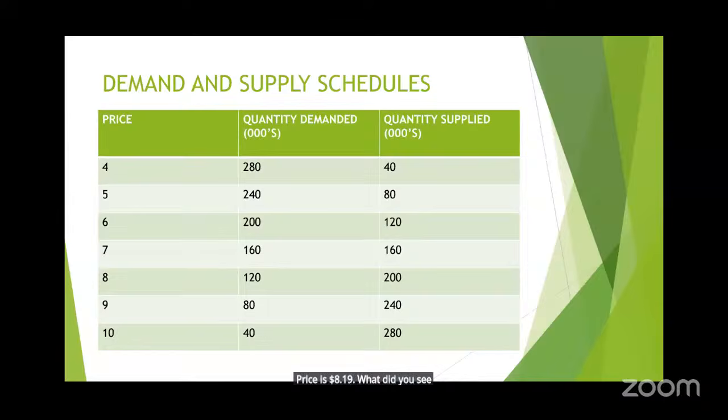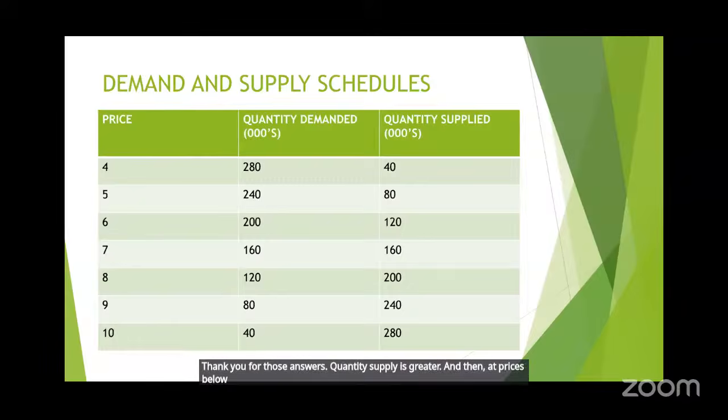Which is greater, quantity demanded or quantity supplied? Yes, quantity supplied. That's true. Thank you for those answers. Quantity supplied is greater. And then at prices below 7, which is greater?